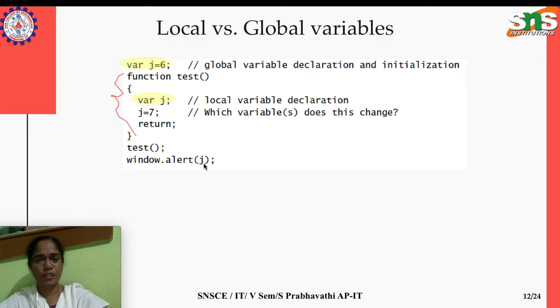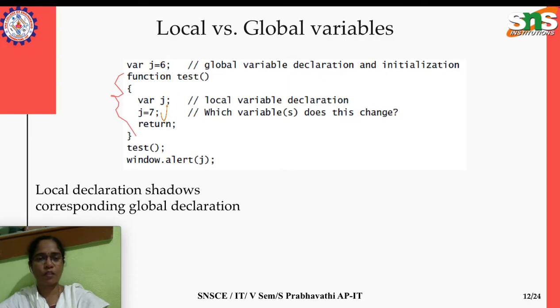Here it will go for the global variable, because this is the local variable, its visibility is only within this definition. When it comes out, its visibility is lost, and this j will refer to the global variable. The output is 6, not 7. Now you will get to know what global and local variables are.